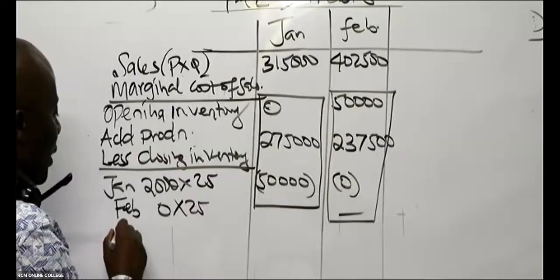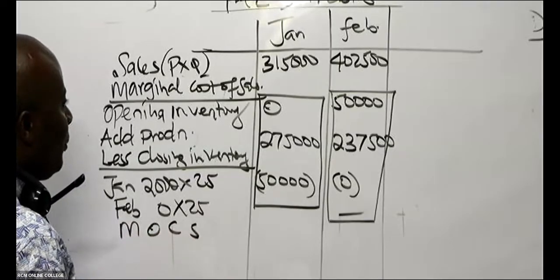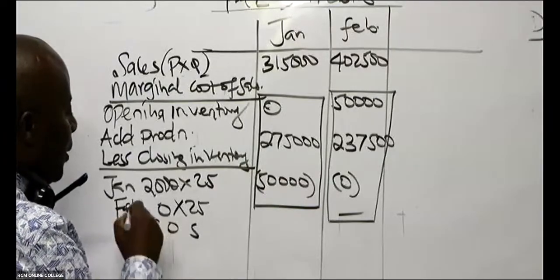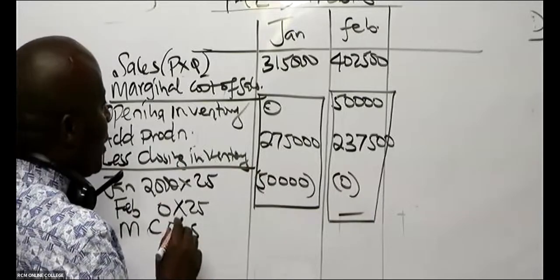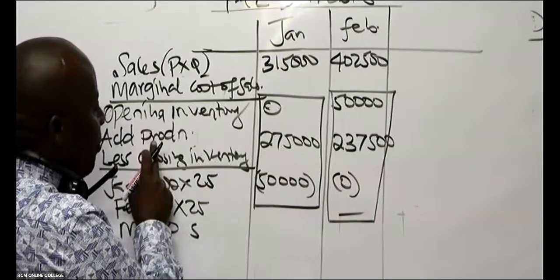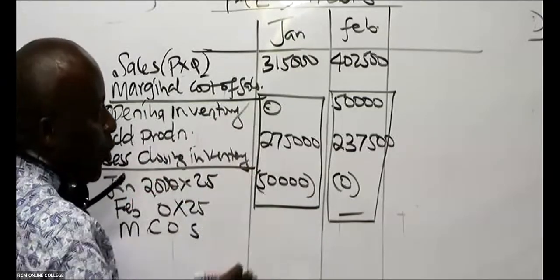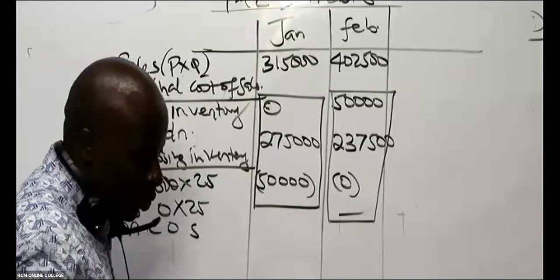You give me the MOCS, marginal cost of sales. So remember, to get marginal cost of sales, you take opening, you add production, you less closing inventory. So January, what do we have? Oh, it's only my online students now who are talking to me.